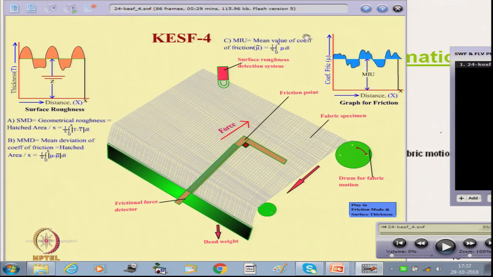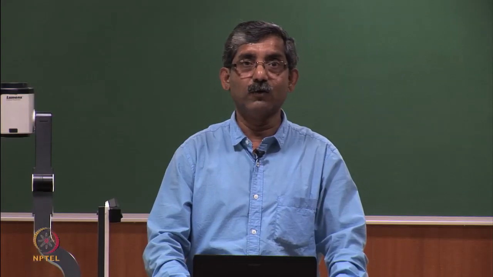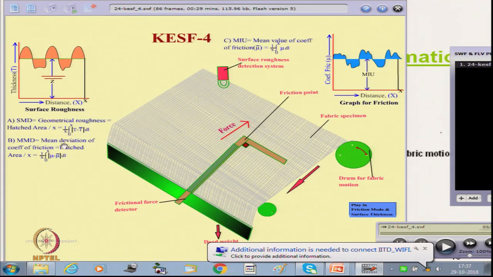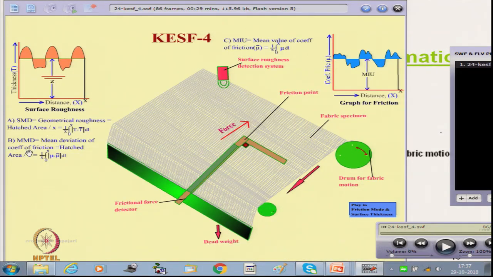So, from this module we get 3 parameters. One is SMD, which is geometrical roughness, MMD, which is the mean deviation of friction, and another is the mean value of coefficient of friction, which is MIU.